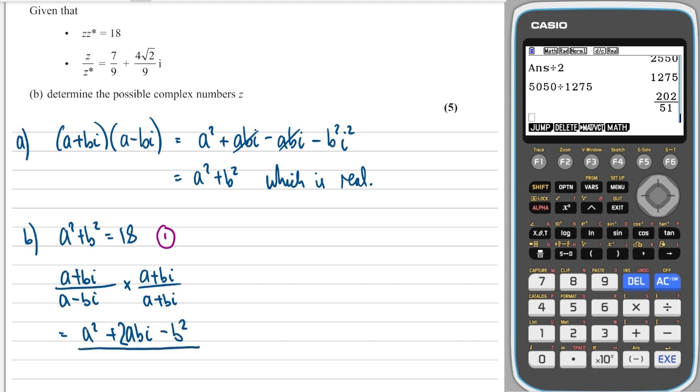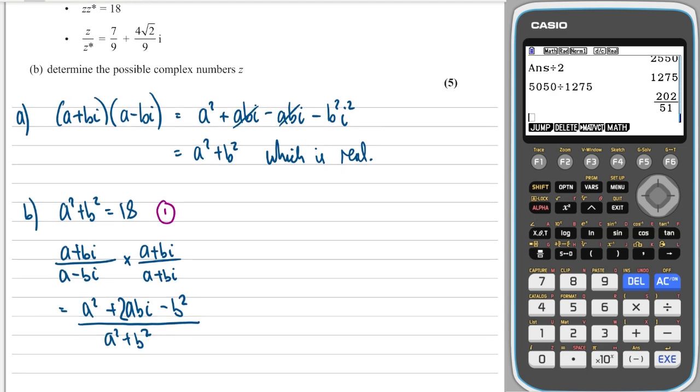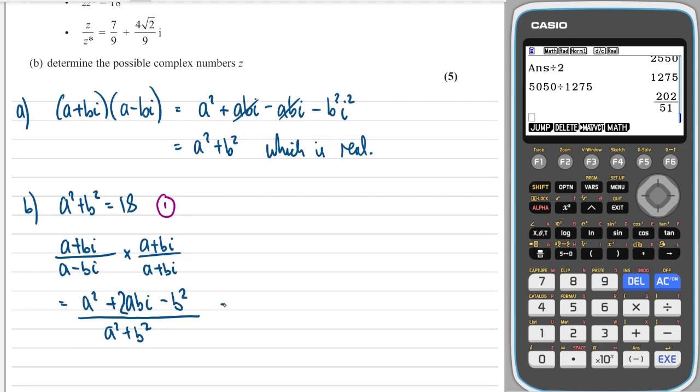And on the bottom, I've already done that multiplication already. That tells me that I get a squared plus b squared. Okay, and we're also told that this is equal to 7 over 9 plus 4 root 2 over 9i.